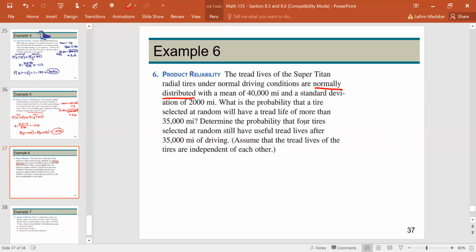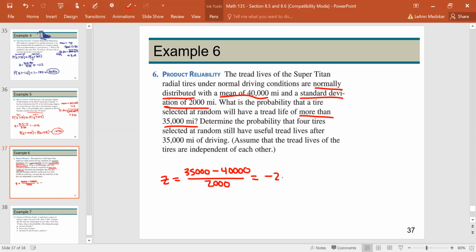So all we need to know is that we already have our mean, we have our standard deviation, and we're measuring more than 35,000. So this would be z-score is item, which is 35,000, minus mean, which is 40,000, divided by standard deviation, which is 2,000.